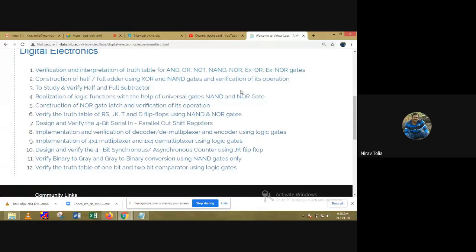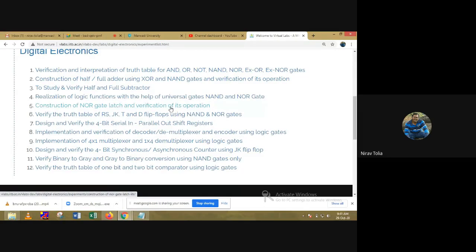I think only two or three experiments are pending. We already covered the basic gates, half adder, full adder, half subtractor, full subtractor, the universal gates NAND and NOR, and construction of a NOR gate latch and verification of its operation.